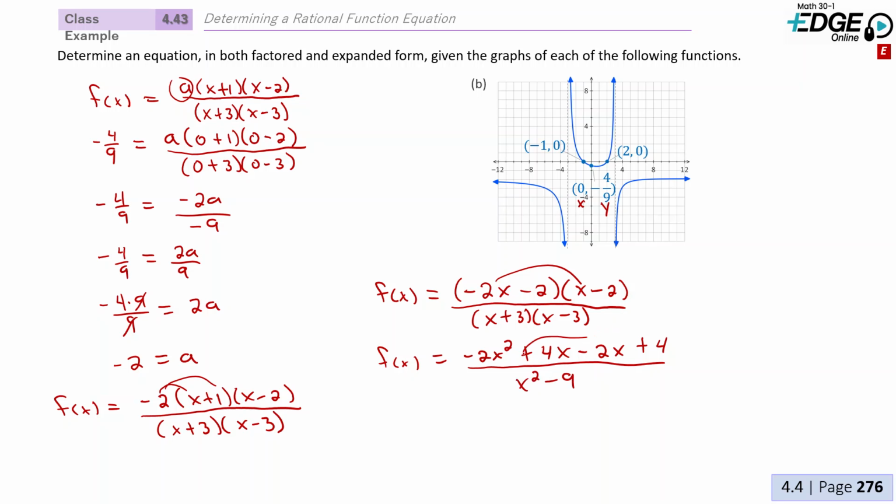The last step would just be to collect those like terms. So now we have f of x is equal to negative 2x squared plus 2x plus 4, all over x squared minus 9.